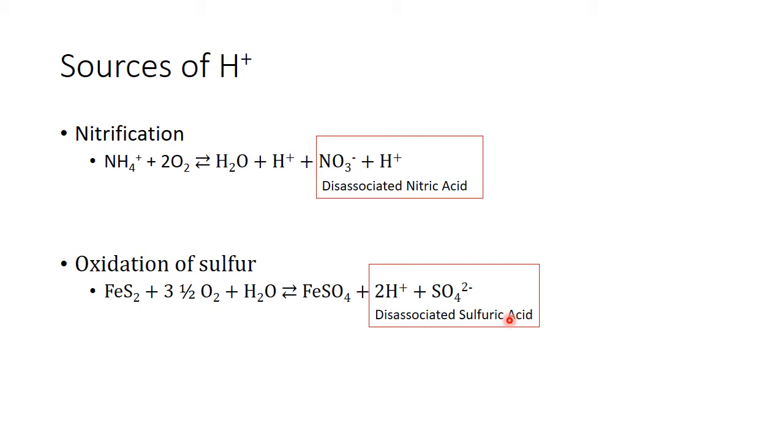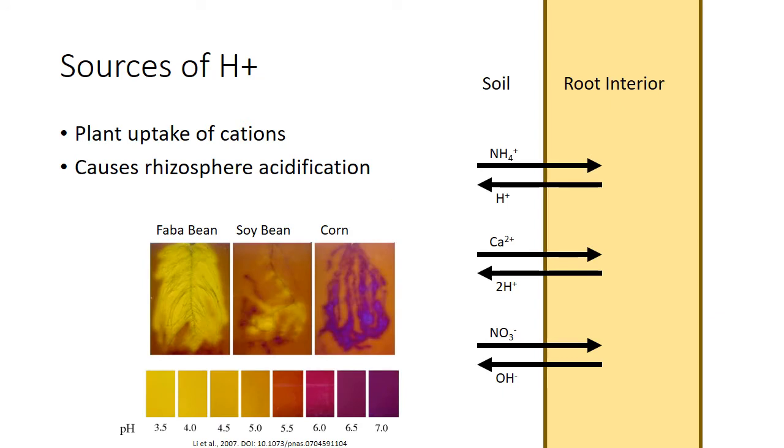And that is dissociated sulfuric acid. So you can see how oxidation of sulfur produces a strong acid, and you can bet that it's going to produce very acidic soils when this process occurs.